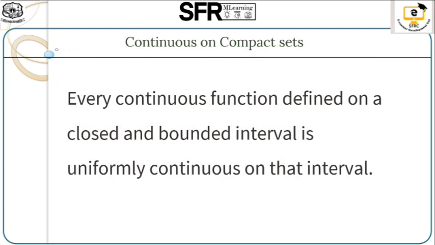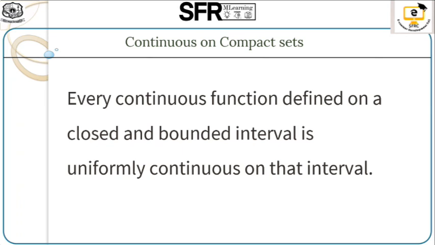Next, from the definition we can clearly see that every uniformly continuous function is continuous, but the converse is not always true. However, continuous functions become uniformly continuous in a closed and bounded domain. In general, every continuous function defined on a compact set is uniformly continuous.